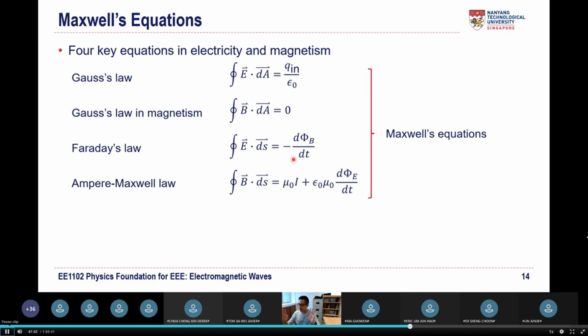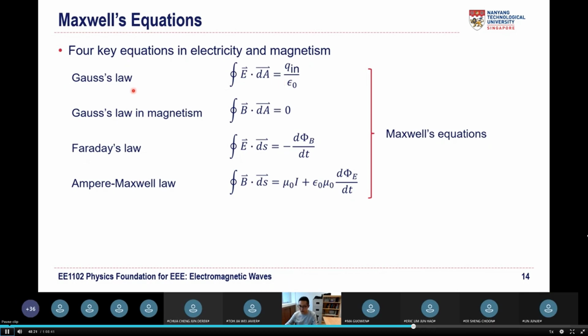That led to the concept of electric field, and moving charge also led to the concept of magnetic field. So everything actually came from the presence of charge and movement of charge. Anyway, Maxwell compiled everything into these 4 key equations in electricity and magnetism.